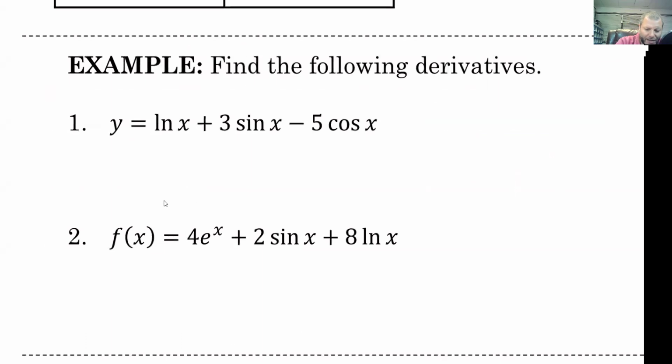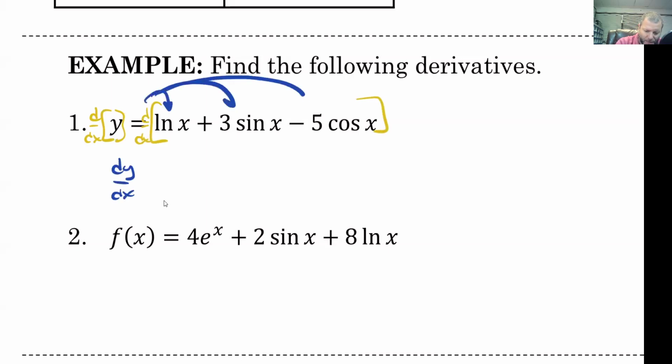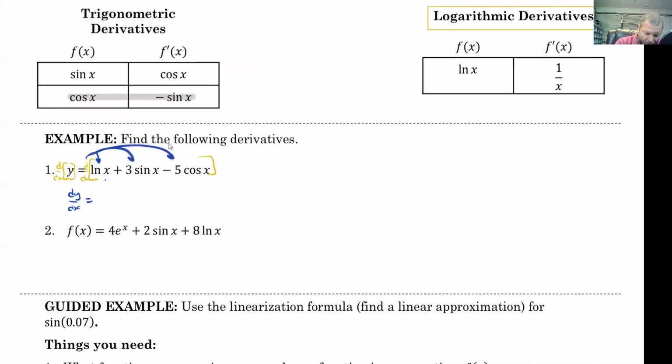So if I want to take the derivatives of just these functions, once again, I can apply the derivative as a linear operator to both sides. Right, so the derivative of y is just going to be dy dx. And then since I'm adding, I could still distribute my derivative over everything that's being added or subtracted here. So the derivative of the natural log, as we saw from above, is just 1 over x. So 3 sine of x, I don't have to worry about that 3, right?